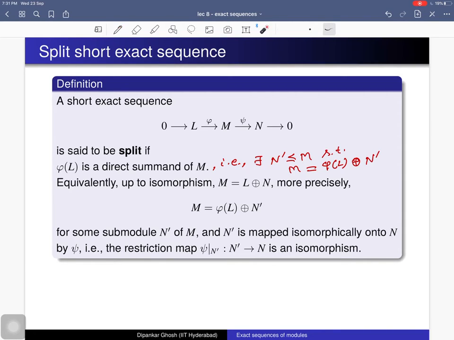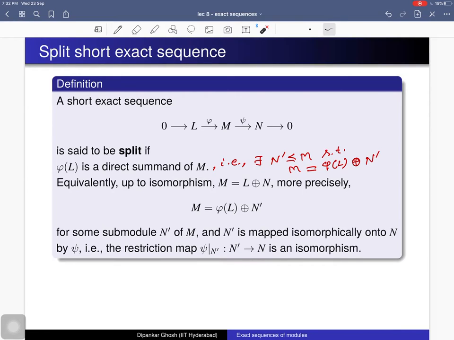And it is equivalent to say that, up to isomorphism, M is just the direct sum of these two things, so M is isomorphic to the direct sum of L and N. More precisely, M is the internal direct sum of phi of L with N', where N' is a submodule of M, and if you restrict the map psi to this submodule, then that is an isomorphism. Namely, psi restricted to the submodule N' is an isomorphism.